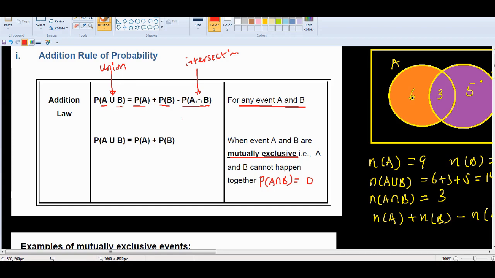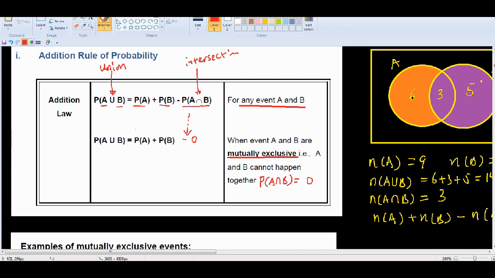So when you change that formula a little bit, the probability of the union of A and B equals probability A plus probability B minus 0. Since that's minus 0, you don't need to write it.